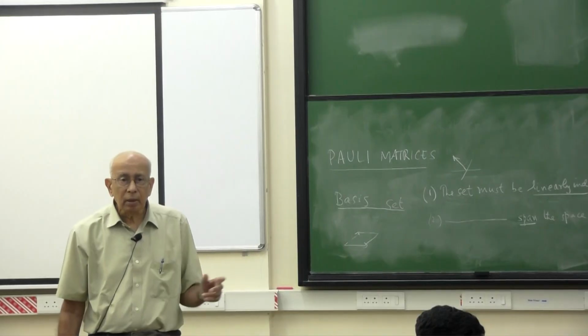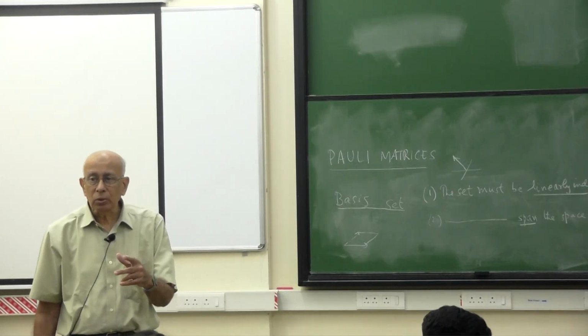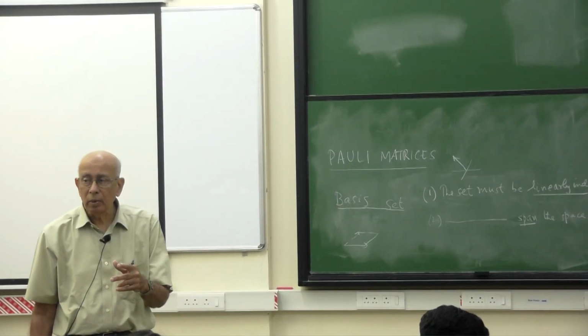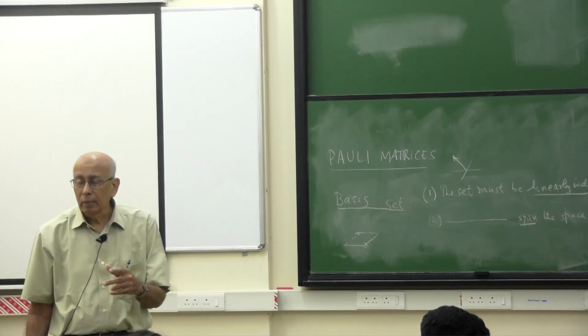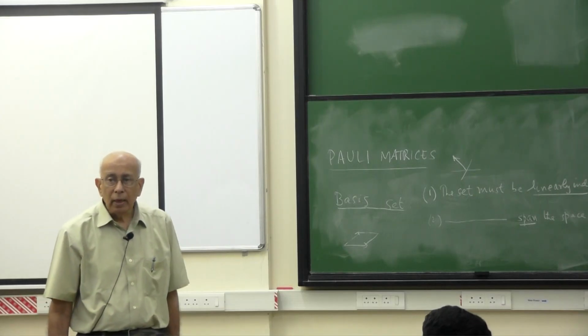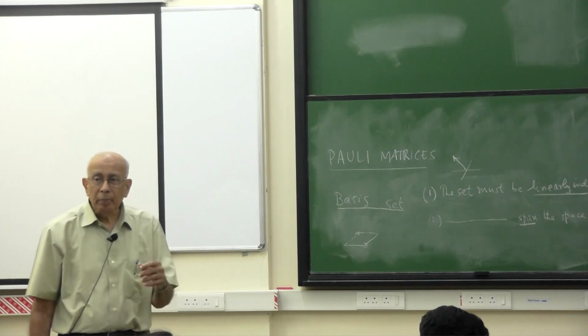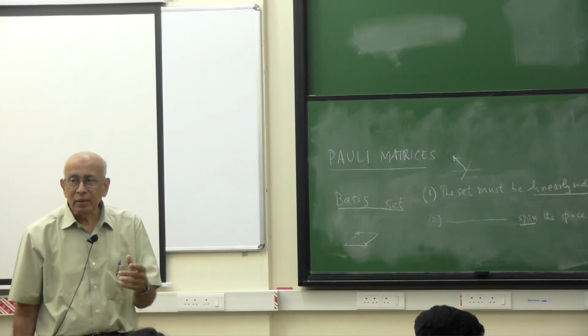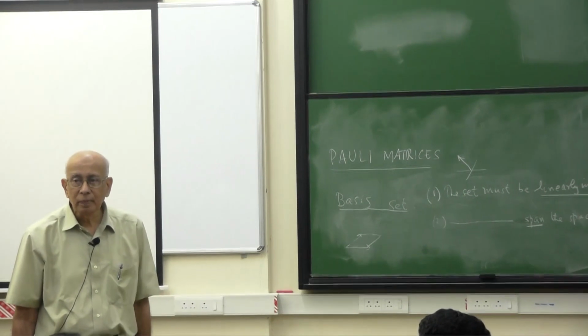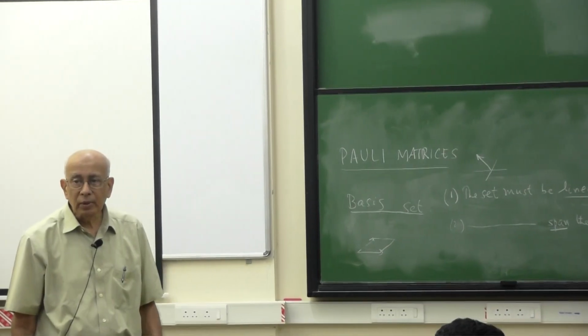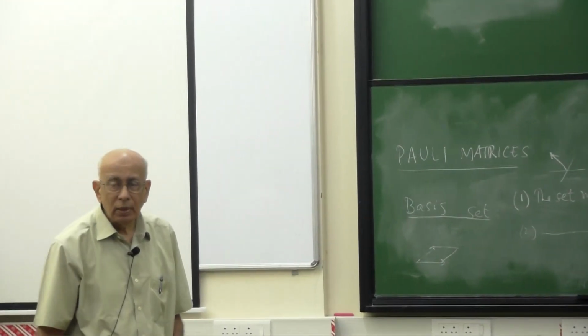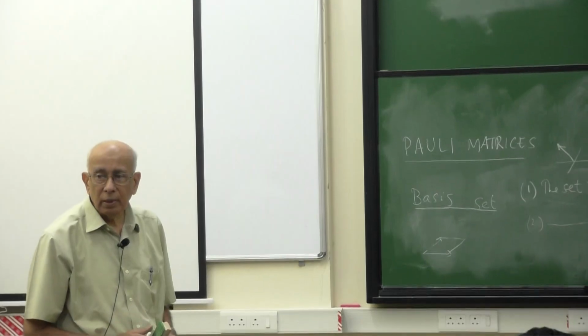In 3 dimensions, the parallelepiped formed by the 3 vectors should have non-zero volume, so they cannot be coplanar. So in n dimensions, the hyperparallelepiped formed by these n vectors should not have 0 volume. If it has 0 volume, you are finished. Okay, so it's a very simple geometrical concept here.